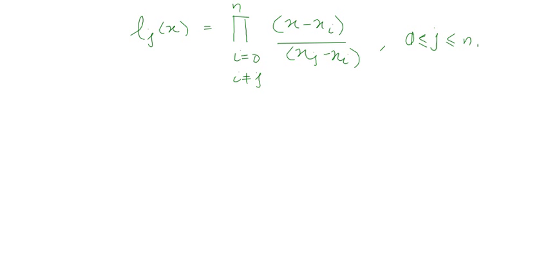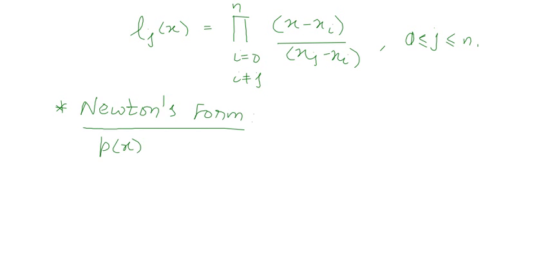Another form of interpolating polynomial we have learned was Newton's form, which is given by p of x equals, if I wish to write in compact form, summation j equals 0 to n of cj times the product of x minus xi, i running from 0 to j minus 1.